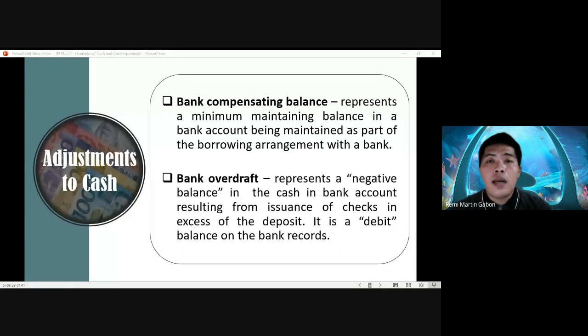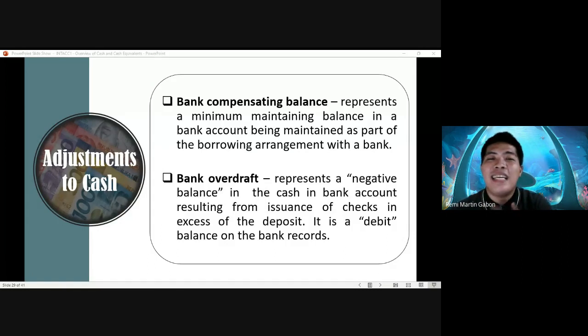When you enroll an account in the bank, when you deposit an amount, the bank credits. To increase your balance in the bank, it credits your account, signifying that the bank is increasing its obligation on your account. On the other hand, to decrease your account in the bank, it debits.